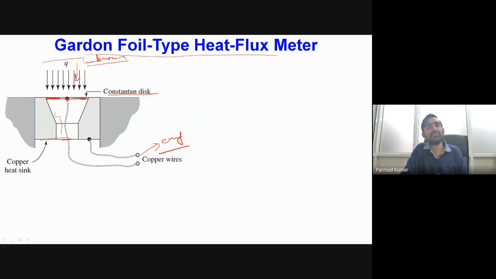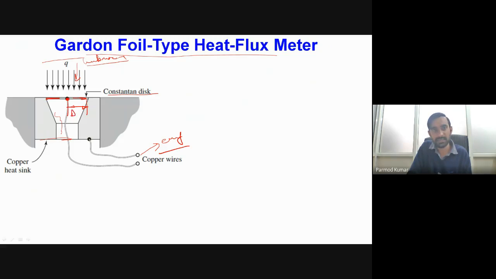This configuration is identical to a thermocouple configuration, with one junction at this point and another junction at this point. So we will be finding the temperature difference between these two radial points.